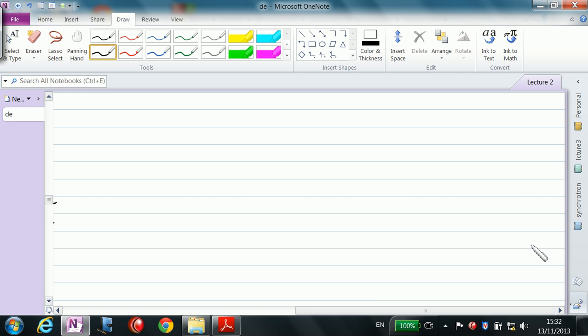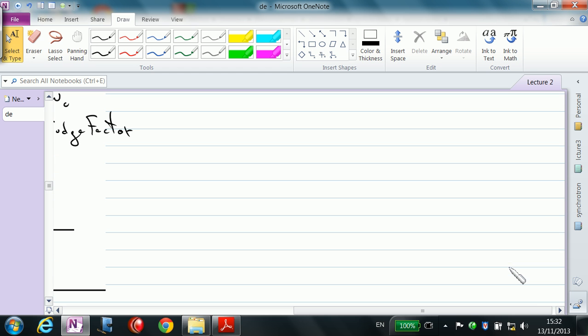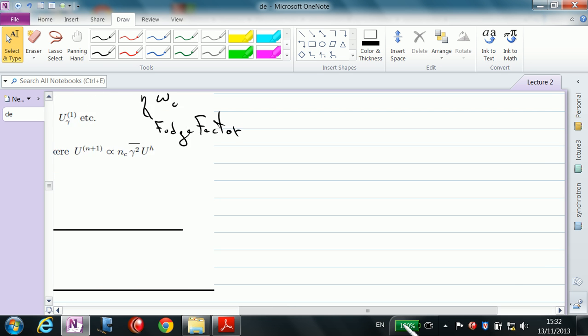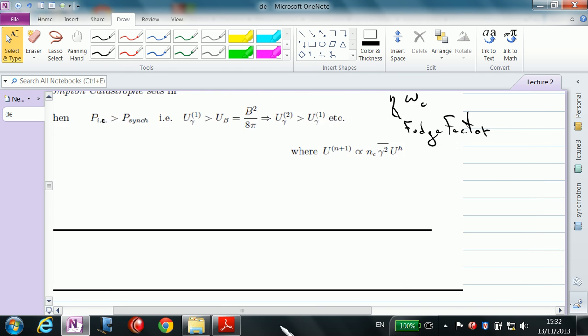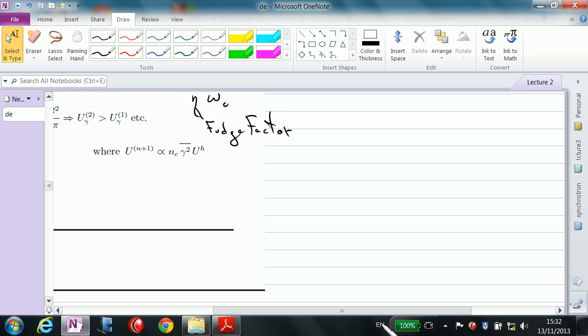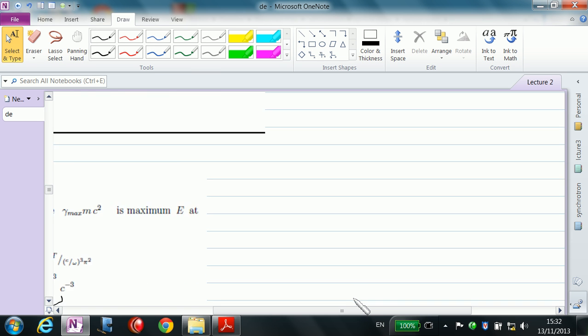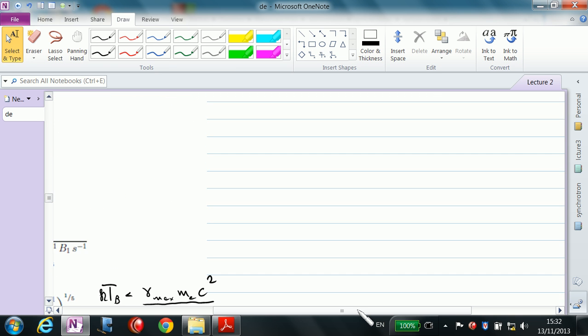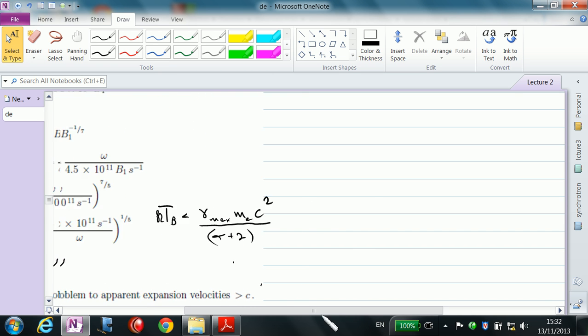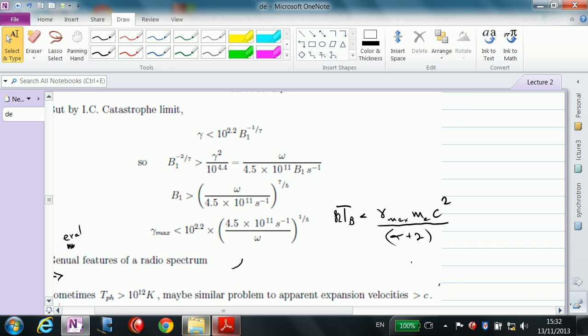They were actually able to map radio clouds, and they had another problem, which was apparent expansion velocities that were greater than c.